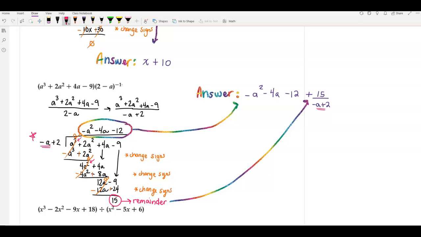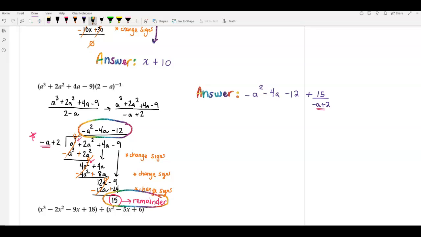So that is our entire answer right there. We need to make sure we're taking account of a remainder and putting it over our divisor. So this is our answer.